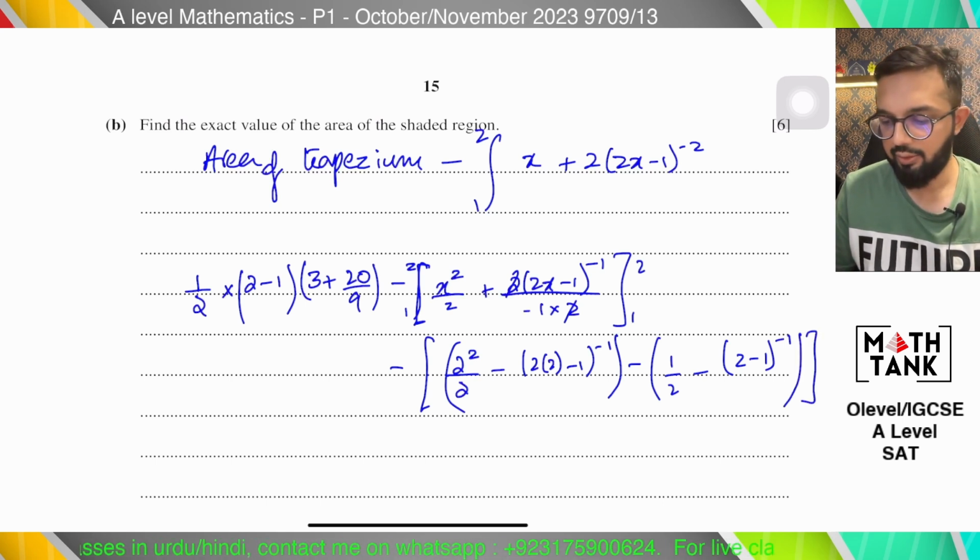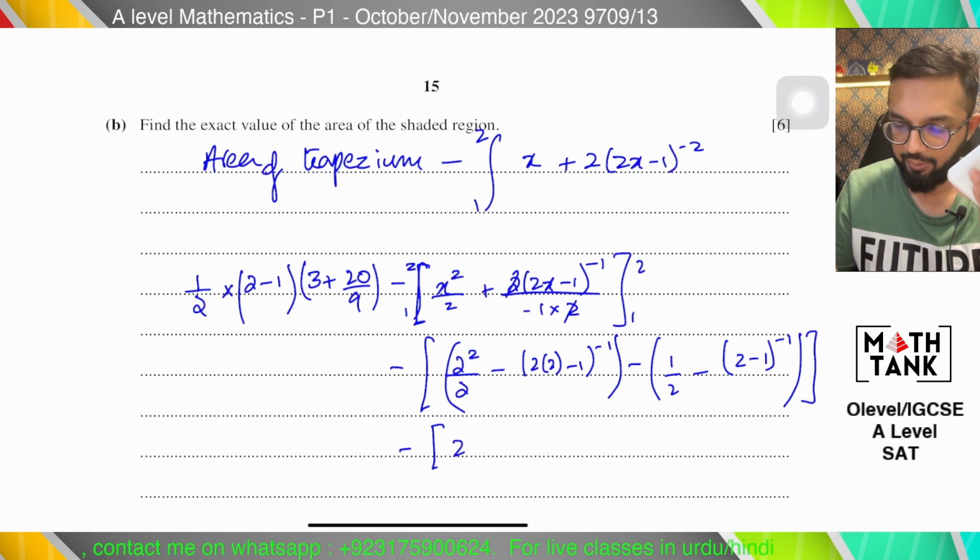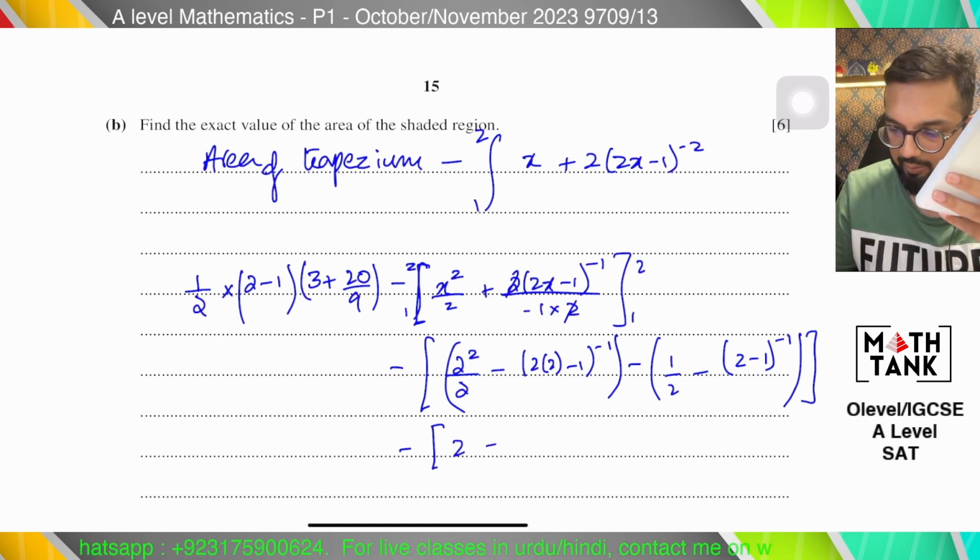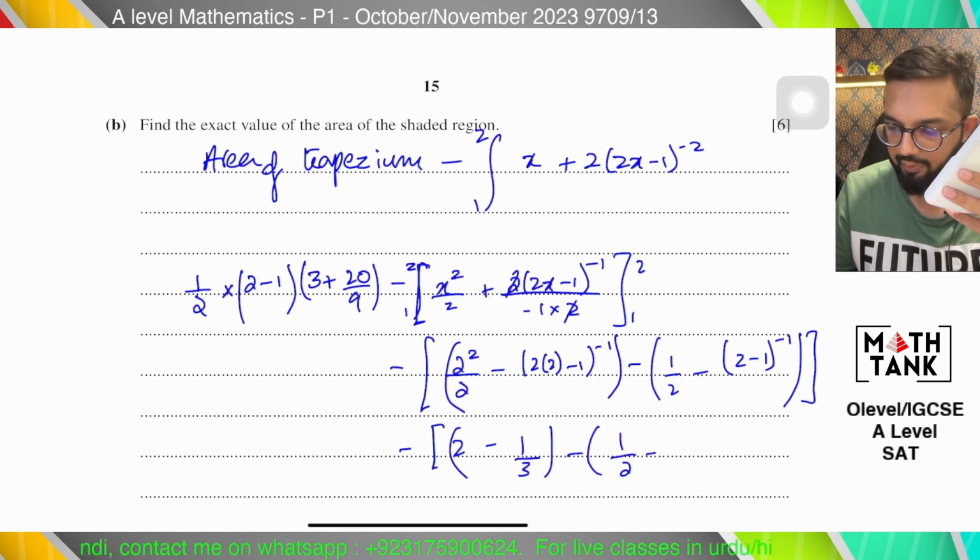Okay, it's a long calculation. Let's do this step by step. This gives me 2. This gives me 1/3. Then that gives me half and 1.